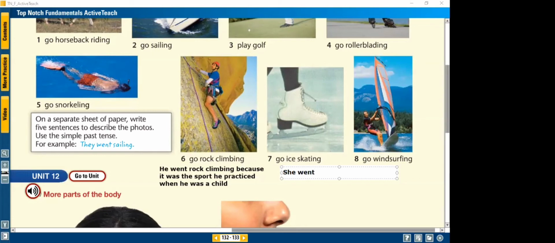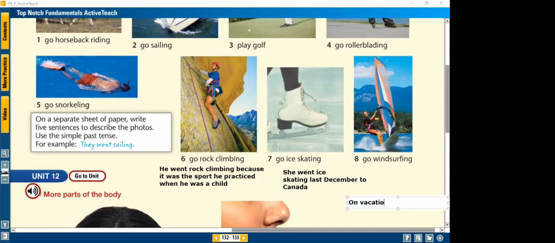She went. Probably we can say she went ice skating last December. Last December to what place? To Canada, for example. Go windsurfing. We can start with this.